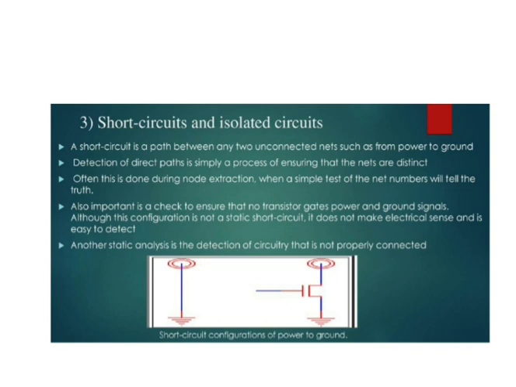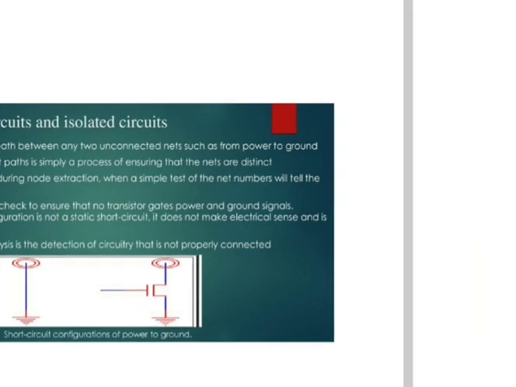The detection of a direct path is simply a process of ensuring that the nets are distinct. Often this is done during node extraction, when a simple test of the net numbers will tell the truth. So it is important to check to ensure that no transistor gets power and ground signals. Though this configuration is not a static short circuit, it does not make electrical sense.